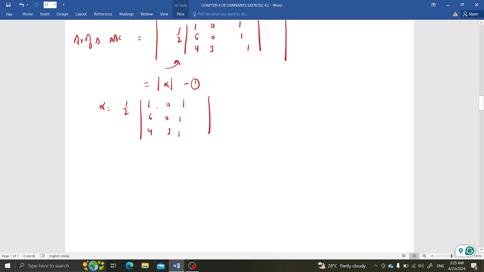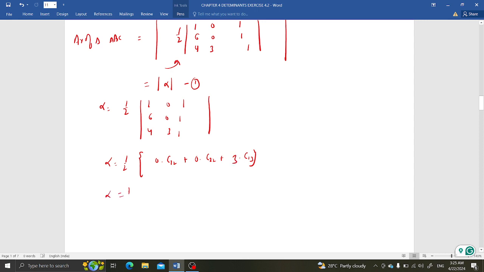Now we observe that we will expand this determinant along the second column because it contains the maximum number of zeros. So alpha equal to 1 by 2. Here we have 0 into the corresponding cofactor C12 plus 0 into C22 plus 3 into C32. Sorry, you need to write 3 into C32.